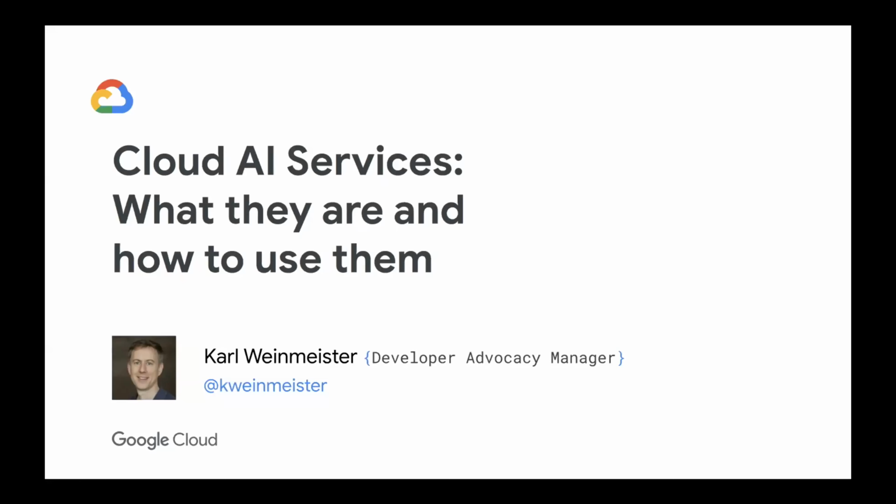And somewhere in the middle, we have AutoML that allows you to build custom models without doing a lot of data science yourself. So we'll look at all those different choices, and hopefully coming out of this presentation, you have a good feel for how I could potentially embed some artificial intelligence into what I'm doing in my code.